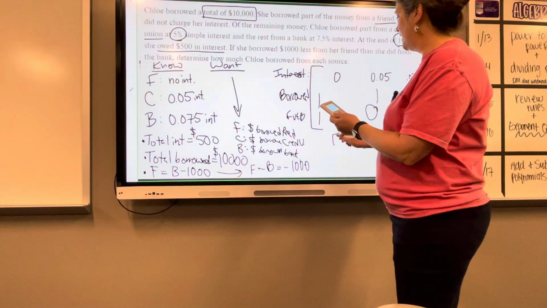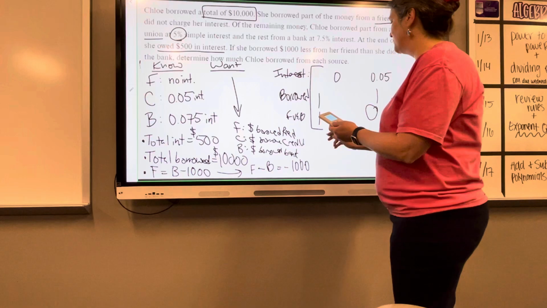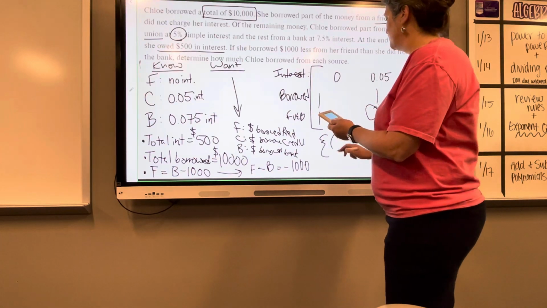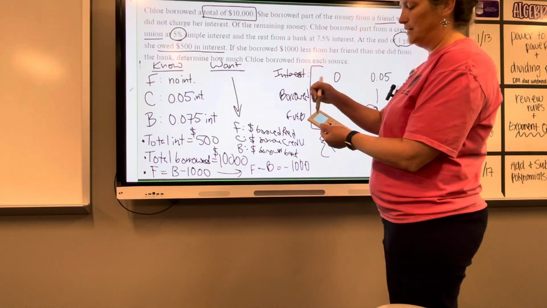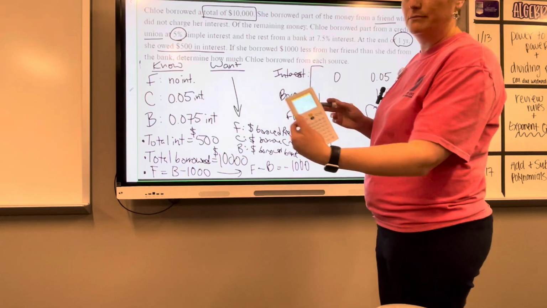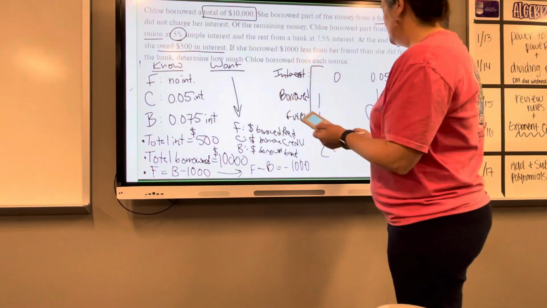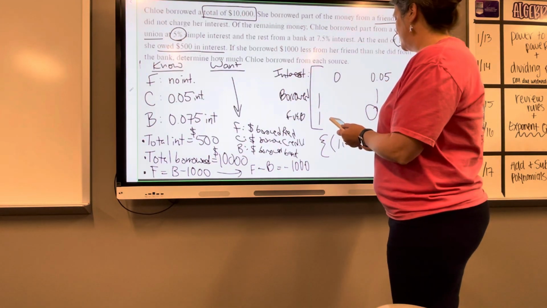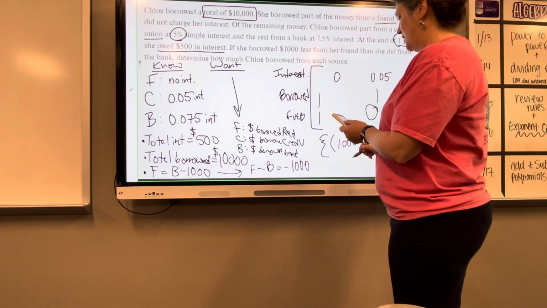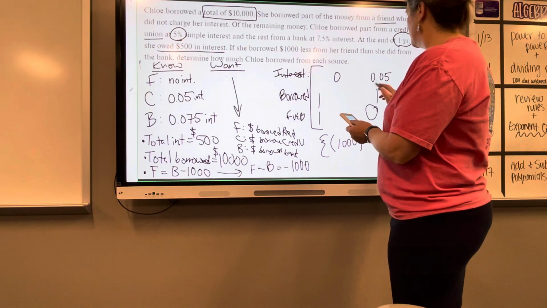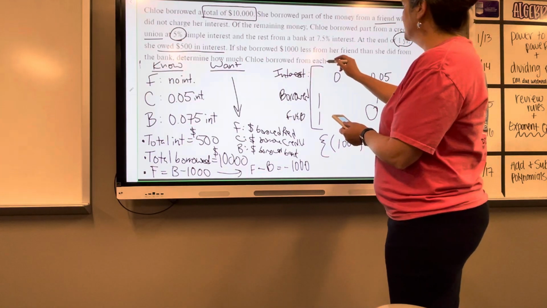Which says that F, well, actually, I'm just going to go ahead and write my solution set, which is the one single point. The reduced row echelon form turned out great. So my F was 1,000. My C was in the middle. I should have written that down.